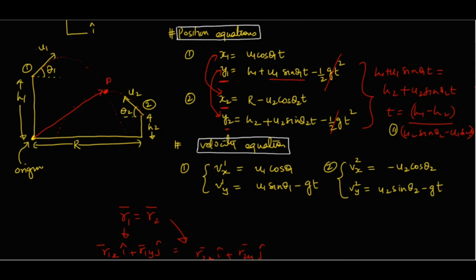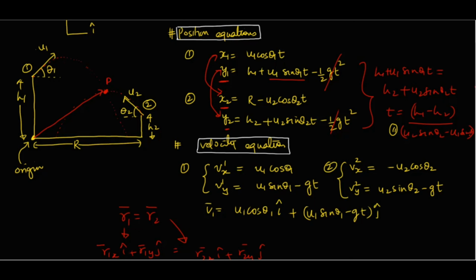So this is the x component of particle 1 and the y component of particle 1. Similarly, this is vx2 and vy2. So the vector form here is nothing but u1 cos theta 1 i plus (u1 sin theta 1 minus gt) j. Similarly, I can figure out v2.